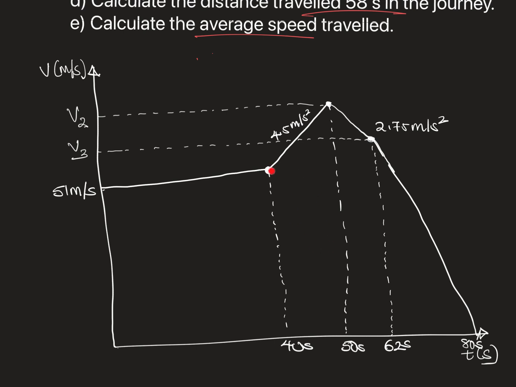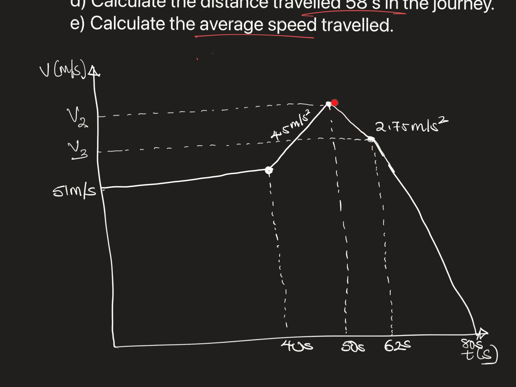But this area is for the second event. This point is the initial velocity, and this point is the final velocity. The initial velocity for the second event is 51 meters per second. The final velocity for the second event is V2. We will find that. This area is for the third event, so it's a deceleration event.